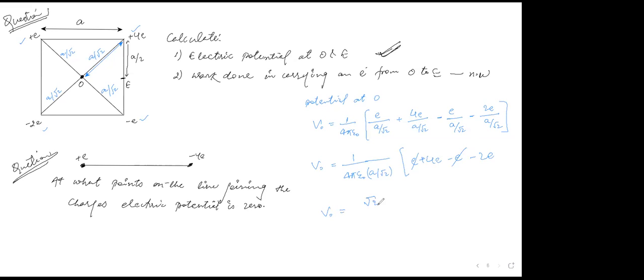One more step: V_O equals 1 over 4 pi epsilon naught times A over root 2 times 2E. Finally, you get 2 root 2 E over 4 pi epsilon naught A. This is your V at O, because we have transferred this root 2 from the denominator to the numerator.